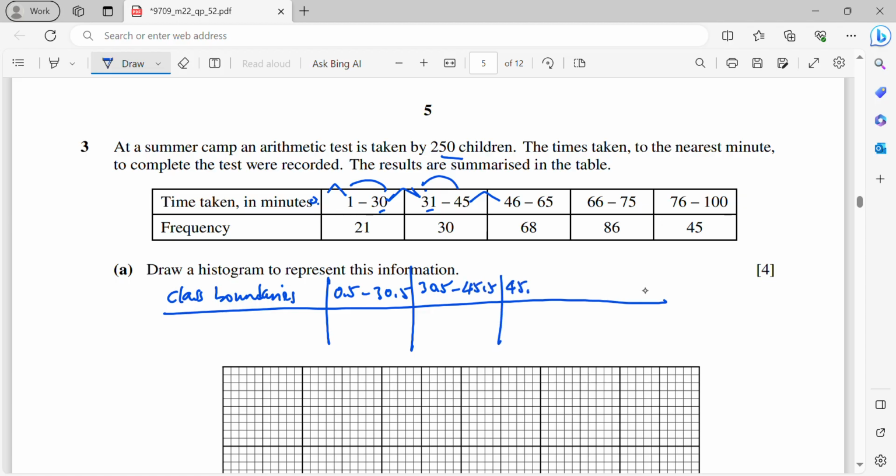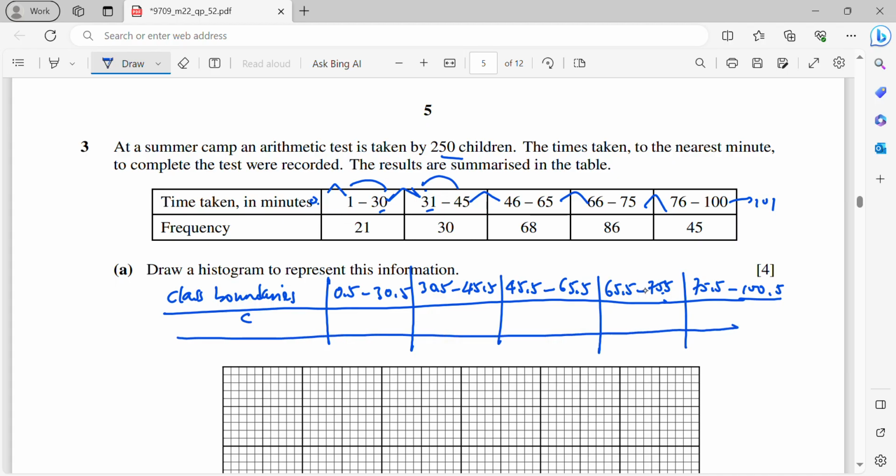Then 45.5 to the average of these two numbers, 65.5. After that, 65.5 to the average of these two numbers, 75.5. After that, I expect the next one is 101, so 75.5 to 100.5. That will be my class boundaries. And now I need to get the class width.